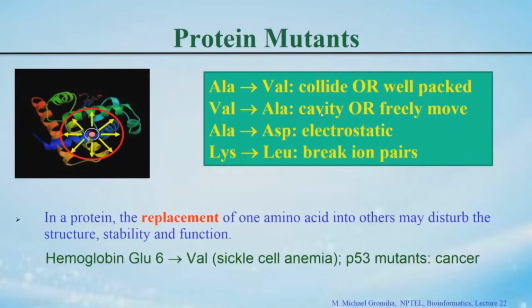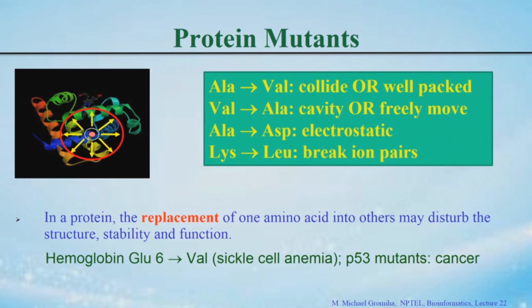Likewise, if we mutate valine to alanine, it can create a cavity, destabilizing the protein, or it can move freely. If you say alanine to aspartic acid, it either makes electrostatic interactions or may destabilize. Likewise, lysine to leucine. So, if you mutate a specific residue in a protein, it may alter the structure, alter stability as well as alter the function.